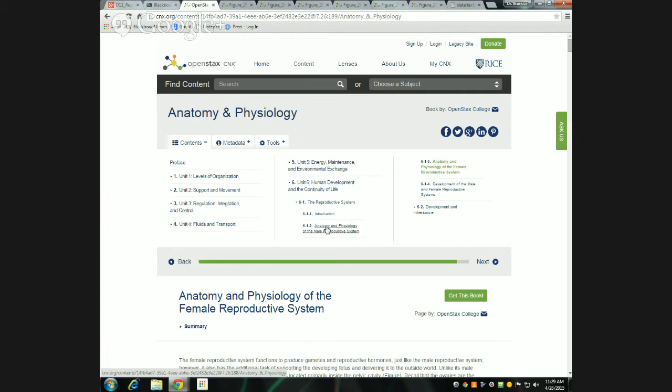Then the chapter is broken down into the male anatomy and physiology, the female anatomy and physiology, and then development of both systems. The way that I've always set up this part of the course, especially because I'm usually running out of time at the end of the semester, is I use lab to deal with the male side of the system and lecture to deal with the female side. And I'm going to keep with that because the assignments that you have are all based on that approach.